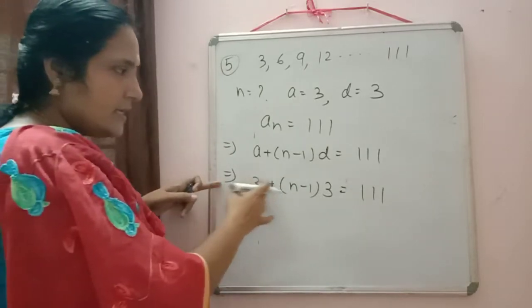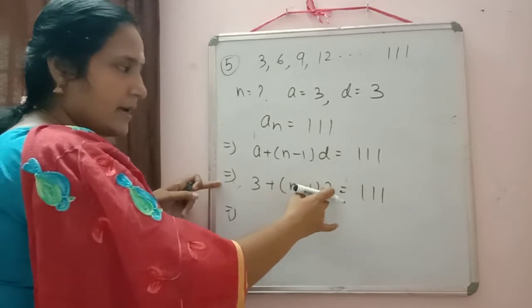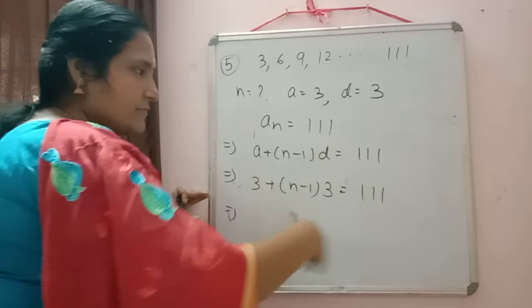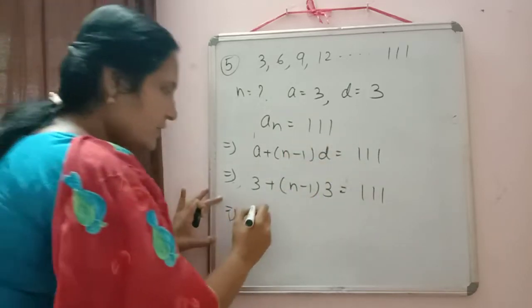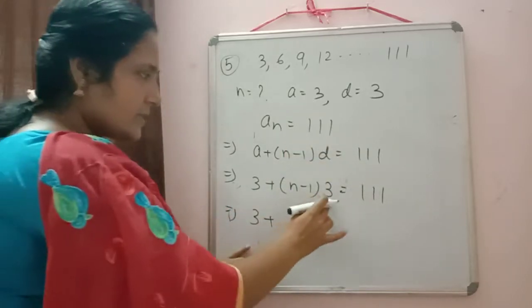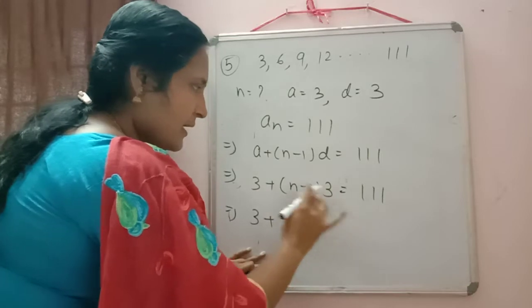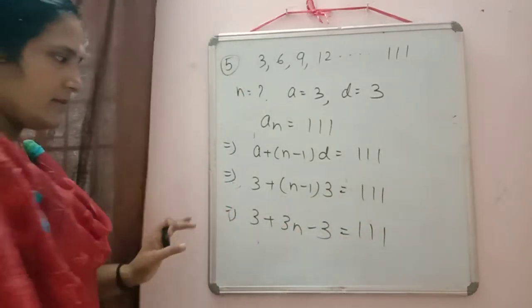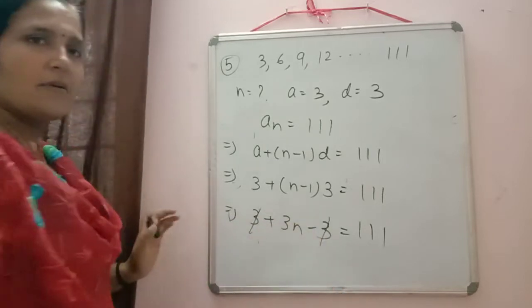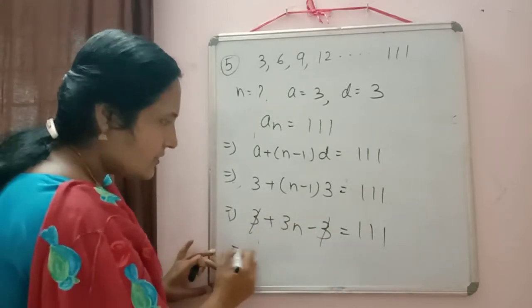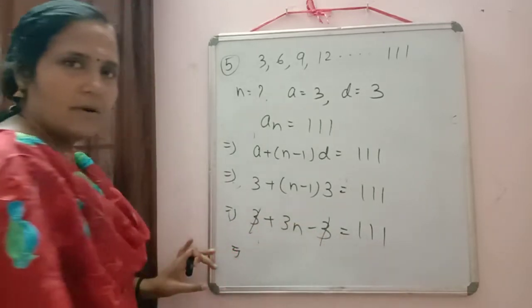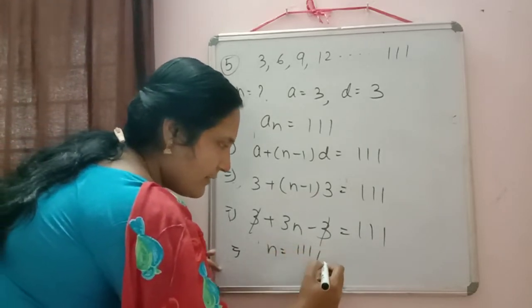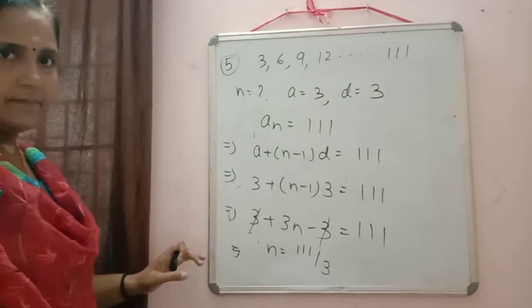Here since 3 is there, if I multiply I will get minus 3, so multiplication will be easy instead of shifting the numbers. So it will be 3 plus 3n, 3 into minus 1 minus 3, is equal to 111. 3 and minus 3 will get cancelled. So 3n is equal to 111, or n is equal to 111 by 3.